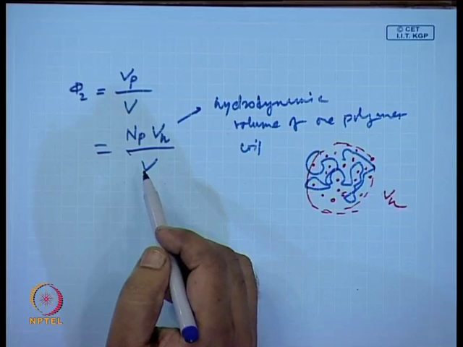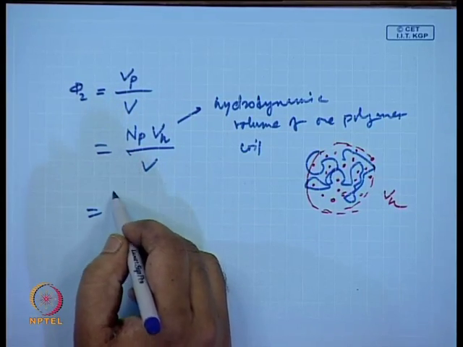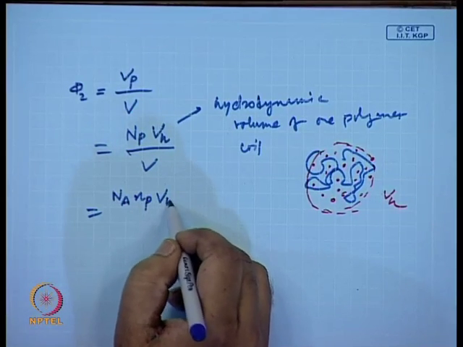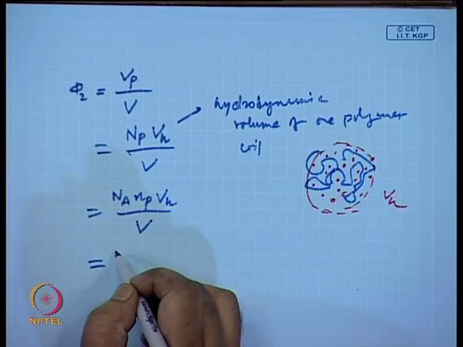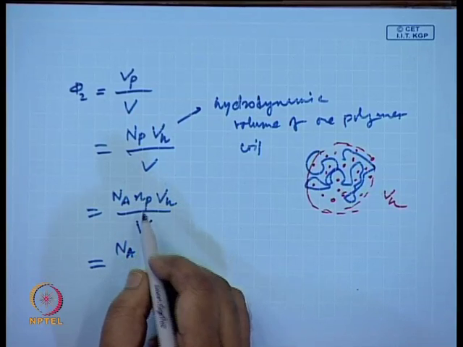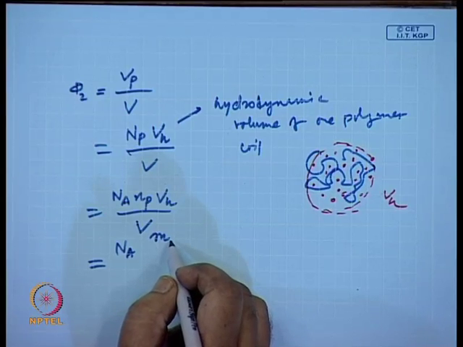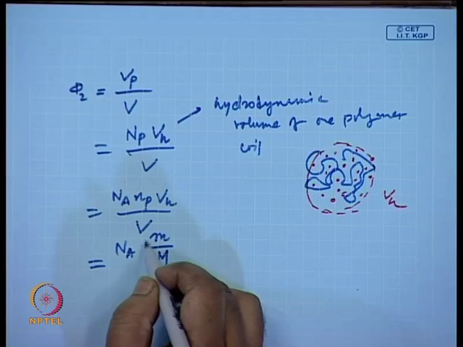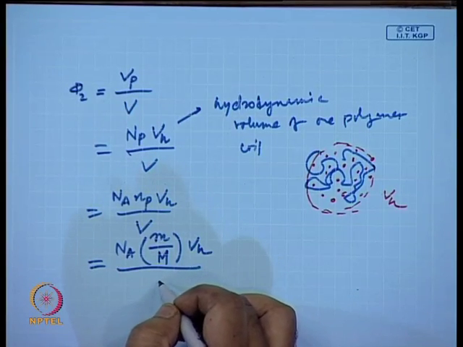Divided by total volume, the number of particles is the Avogadro number Na multiplied by moles of polymer, times VH, by total volume. Now, number of moles of polymer can be expressed as mass of the polymer divided by the molecular weight of the polymer, M. So we get Na VH by M, times mass by total volume.